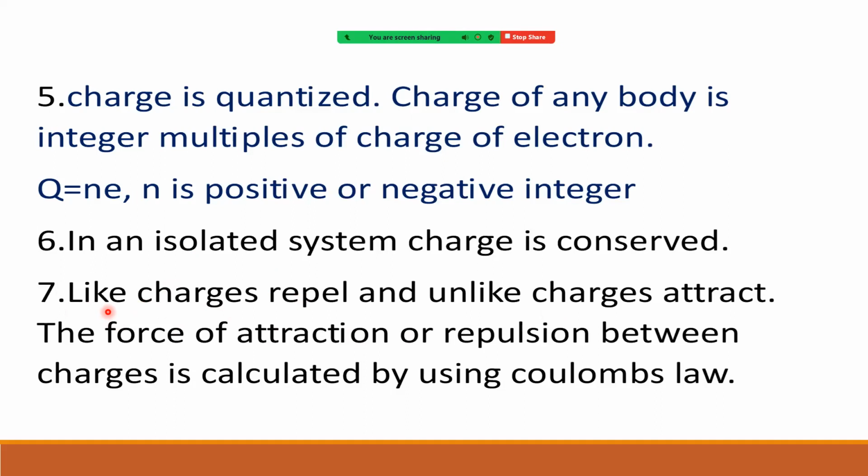That means two electrons repel each other, and two protons repel each other. Unlike charges attract. If one is a positive charge and the other is a negative charge, they attract each other. That means between an electron and a proton there is an attractive force.